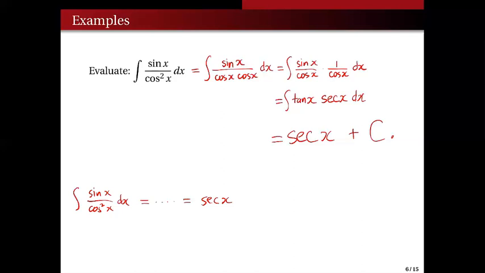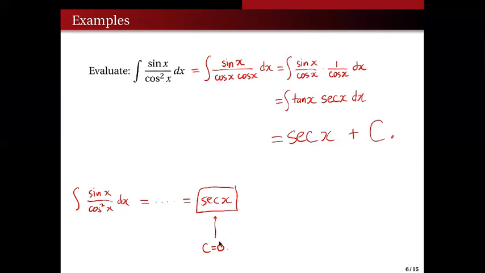Say you box this as your final answer. It means that this is the member of the family with c equals 0. Correct? So this is just one of those answers. It's a family, and you just got one member of the family.